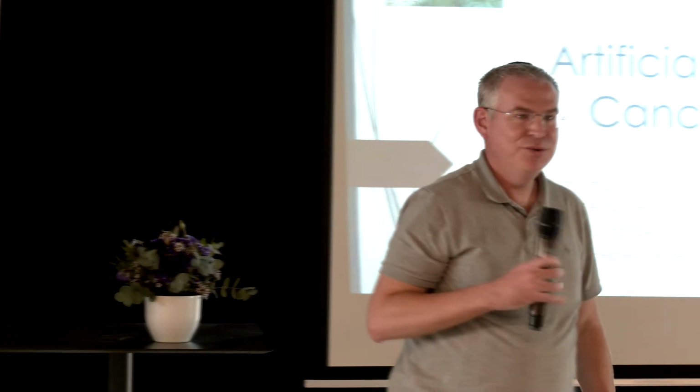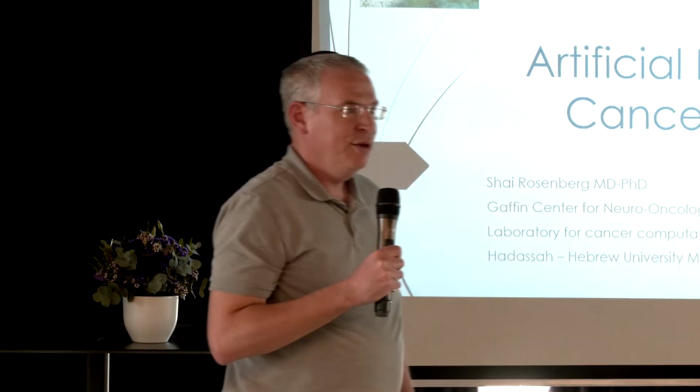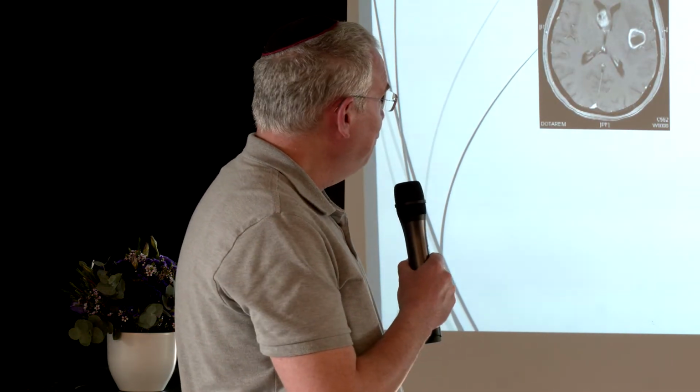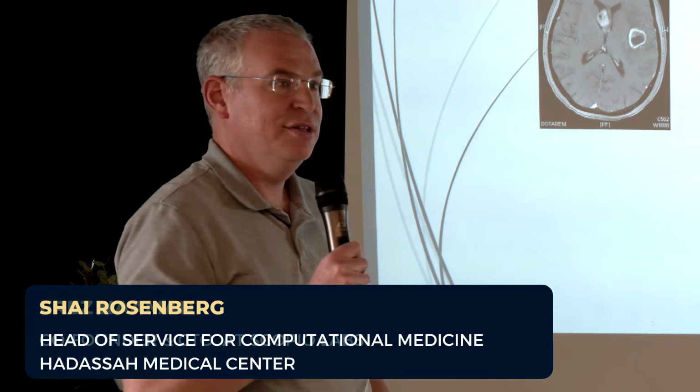Well, hi, good afternoon. I would like to talk today about one of my artificial intelligence projects in the laboratory. Ten years ago, we used to treat cancer as one size fits all, but we now know that every patient has their own cancer mutation profile.